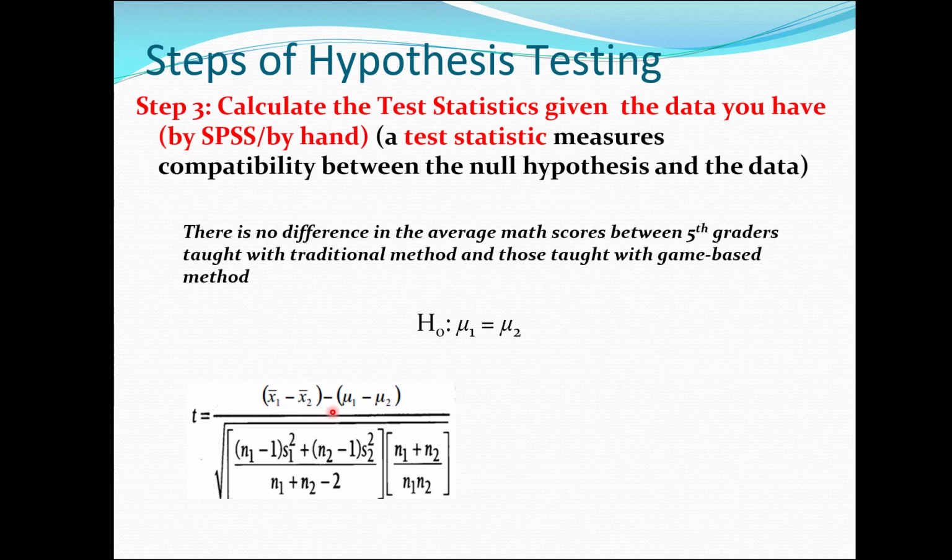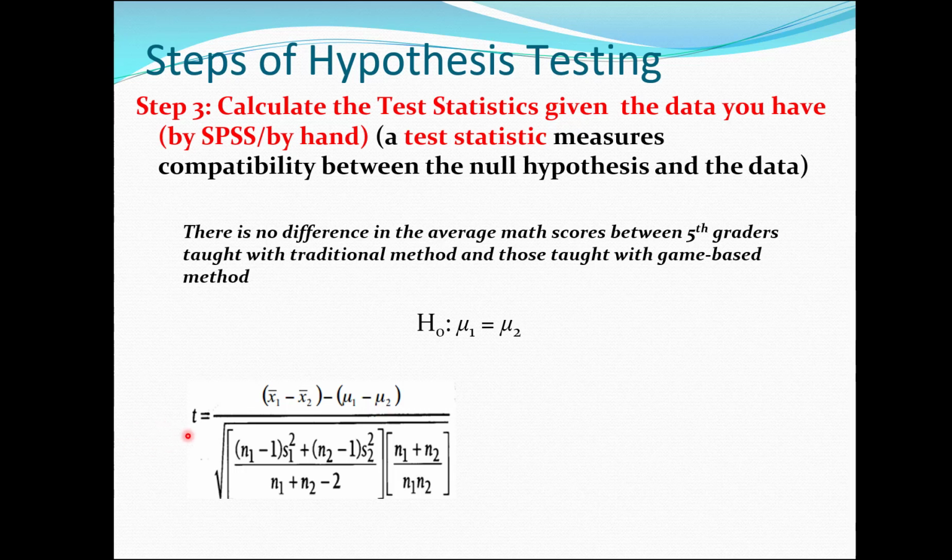But do we know mu1 and mu2? As we mentioned earlier, we have no knowledge about our population. Those parameters for populations are unknown. So if we don't know mu1 and mu2, there's no way we can calculate the t-test statistics.